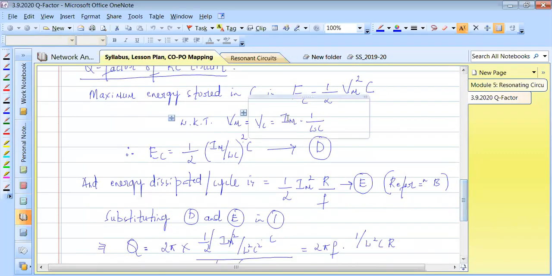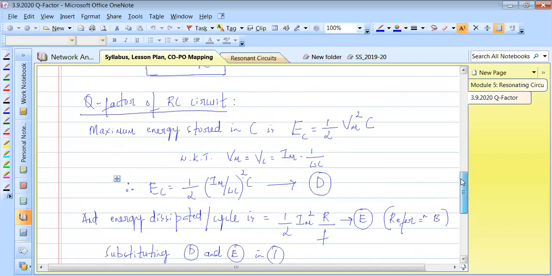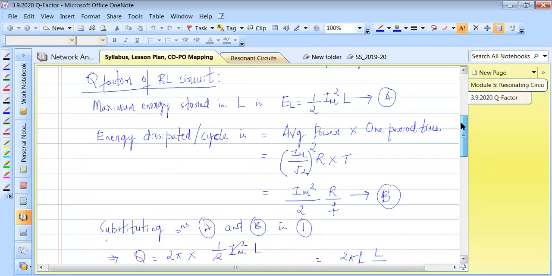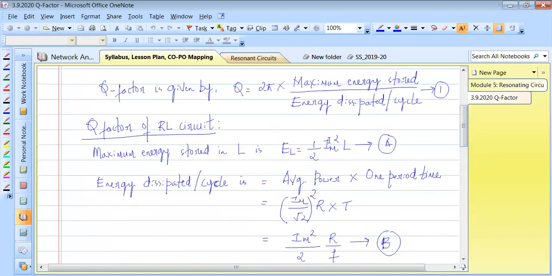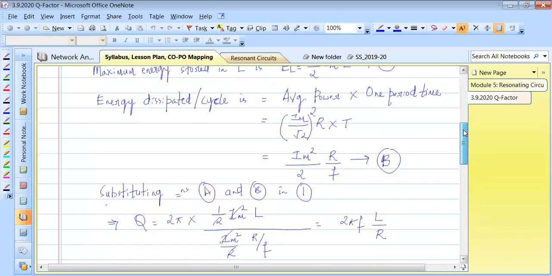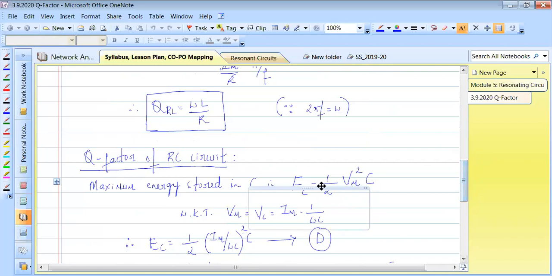In the series RC circuit, we have to see the energy stored in C. So that's this maximum energy stored in C, it's half Vm square C. Now, you may ask me, when we consider the energy in L, we considered Im, the maximum current, and when we considered the energy in the capacitor, we considered Vm, the maximum voltage across C. Why is that so?